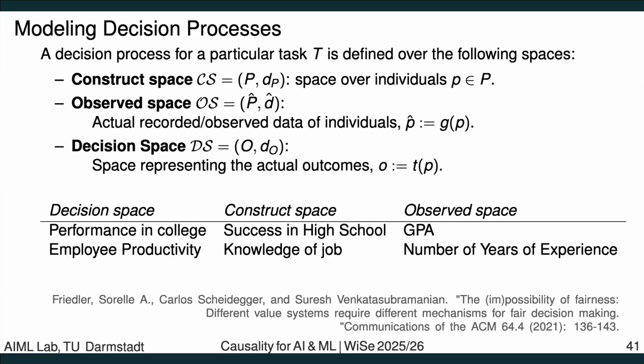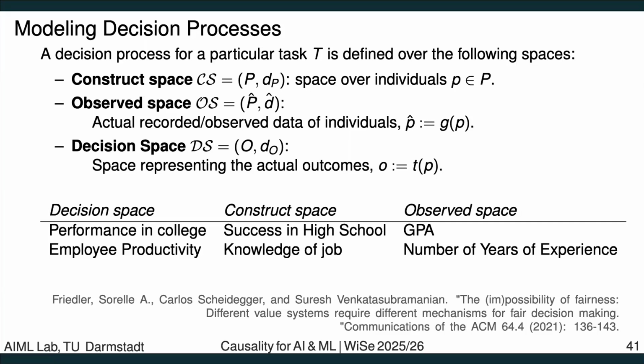And the thing is, usually we don't directly observe the attributes of the construct space that we want to take decisions over. So we need to have some observations as proxies. Maybe we want to take decisions over the performance in college.